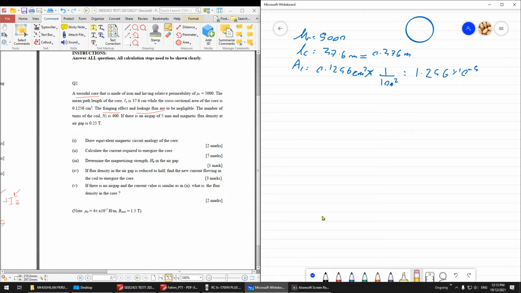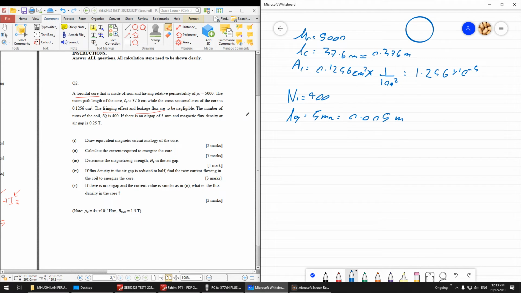So we continue, and the number of turns of coil N1 is equal to 400 turns. There is a gap of 5 mm, L gap is equal to 5 mm, equal to 0.005 meter, of course you have to change to meters.